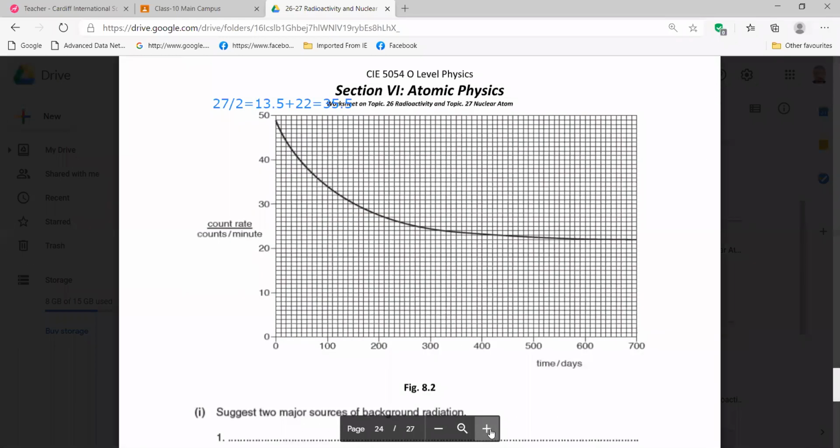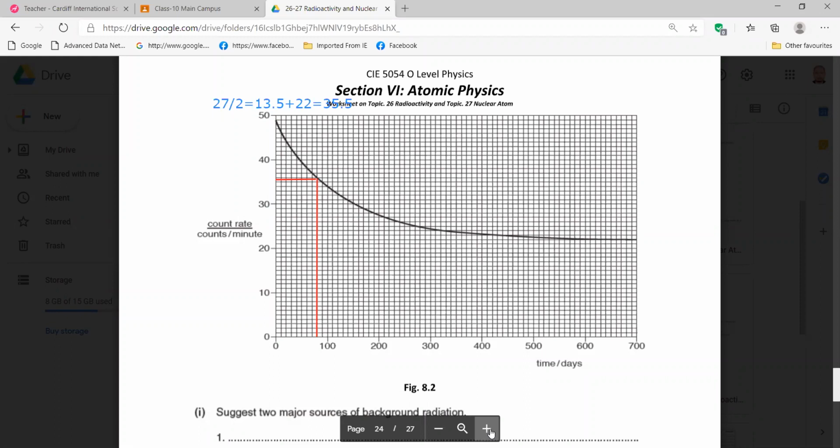Is it okay now? Yes. That's 80 days. Can you see it?